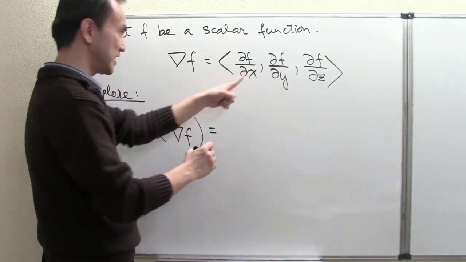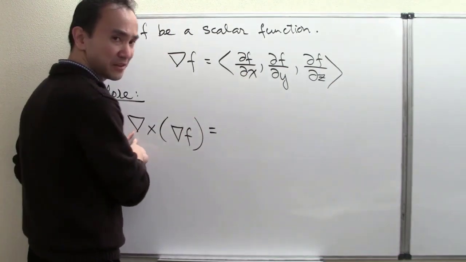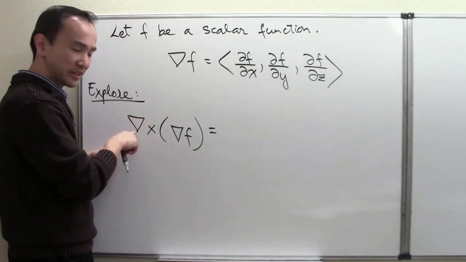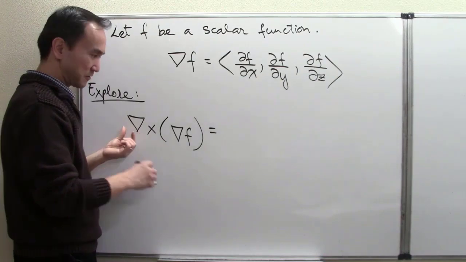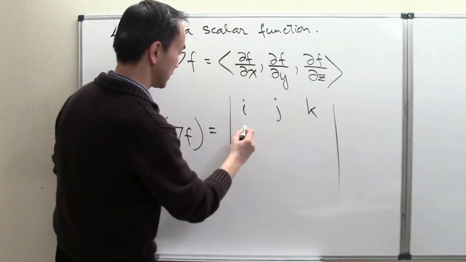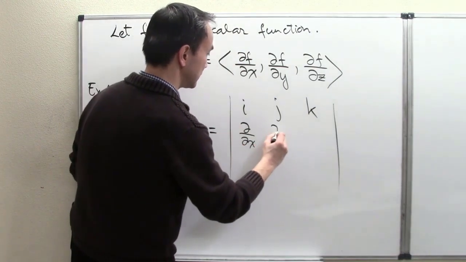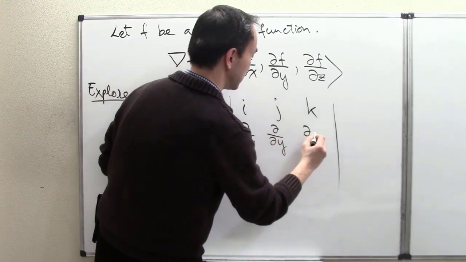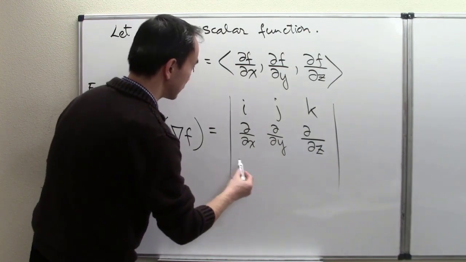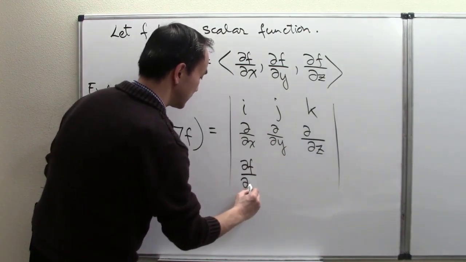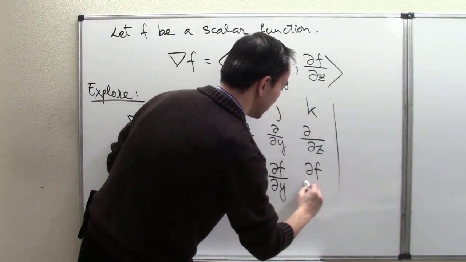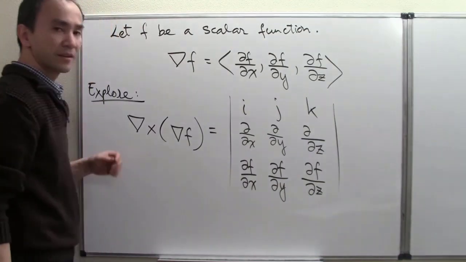Seeing that as a vector field, with the del symbol being treated as an operator vector, we can do i, j, k. We take the curl, so there's d/dx, d/dy, and d/dz, and then in the bottom row there's df/dx, df/dy, and df/dz.